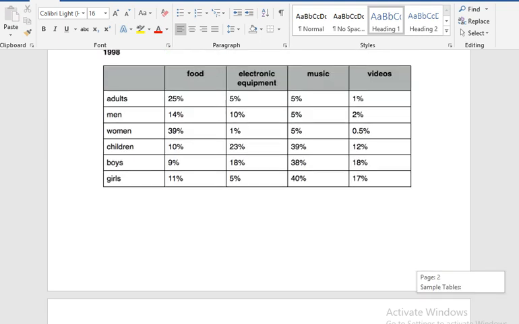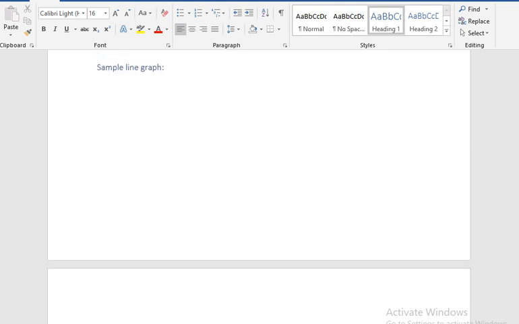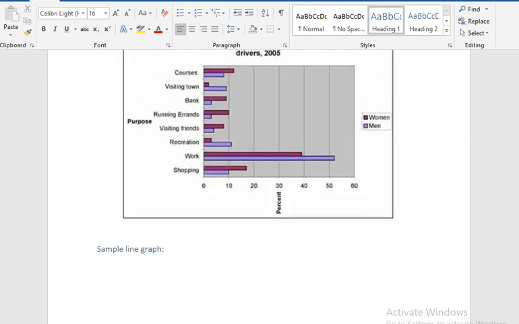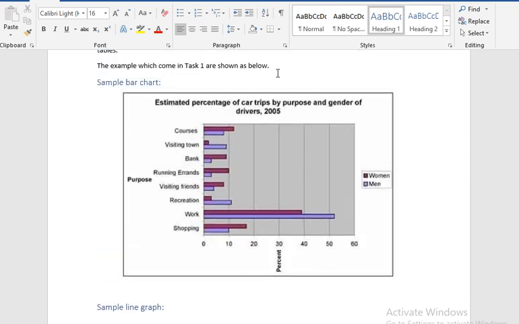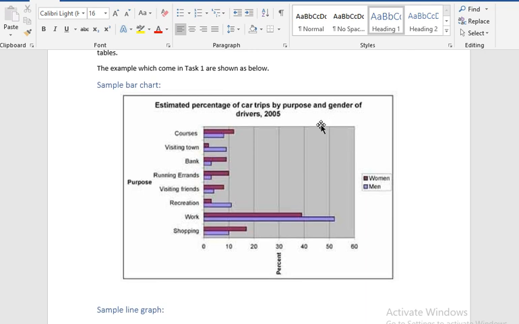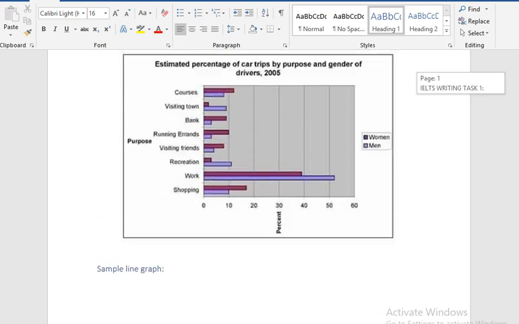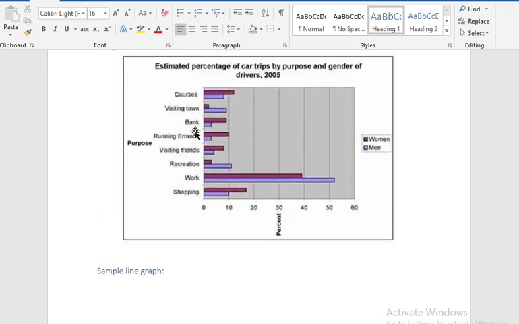So I will show you first the tips for this task 1 and then some very useful vocabulary for this task, because according to my experience, task 1 is just about vocabulary. If you have a bunch of vocabulary and a very good sense of comparing values, for example, take this here: maroon is women, blue is men.